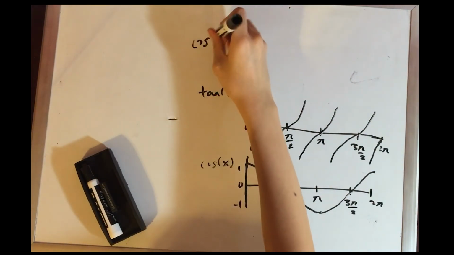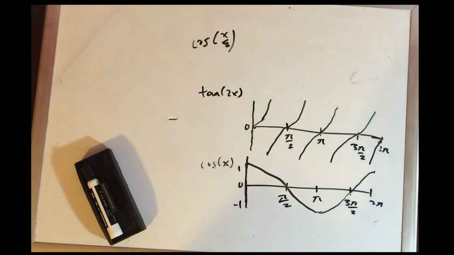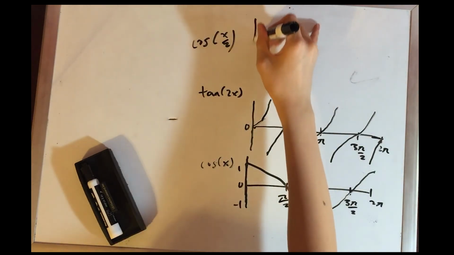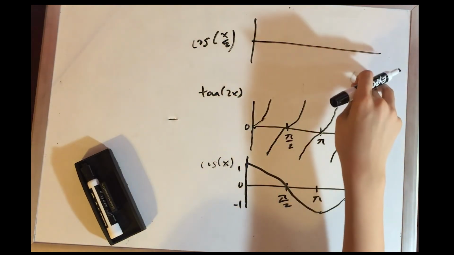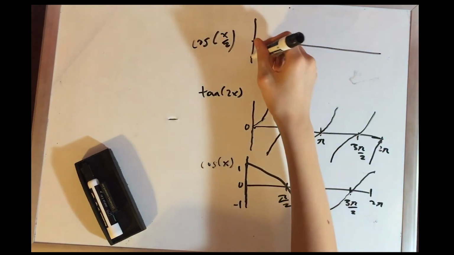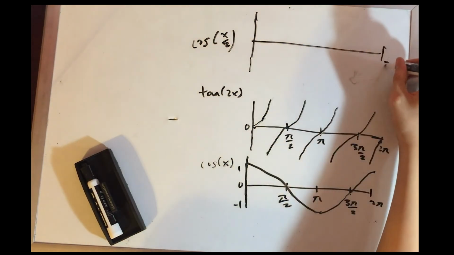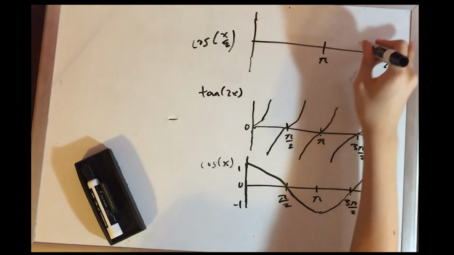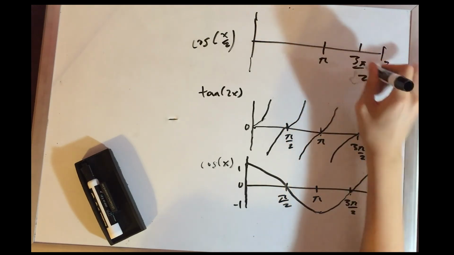Cosine of x over 2 is going to be a transformation of cosine of x stretched by 2 horizontally. Graphing takes pretty long.